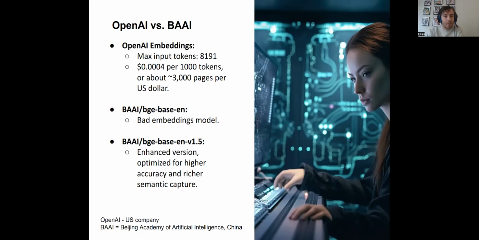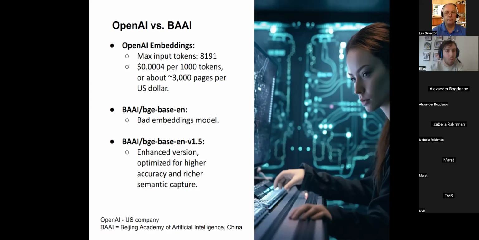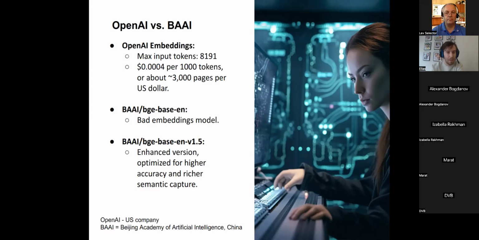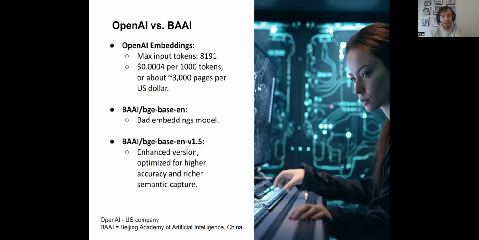So I have here a comparison between three embedding models that I tried in this example. One is from OpenAI, called ADA. Then there are two that I tried from the Beijing Academy of Artificial Intelligence, a Chinese embedding model.